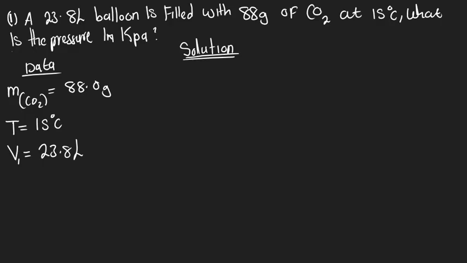Pressure 1 times volume 1 divided by temperature 1. Ideal gas. If you say divide by temperature 1, what are you going to do with this mass?